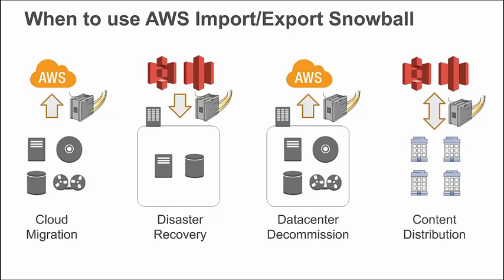I've heard customers talk about mines in the Congo, off-site filming locations, and even boats in the ocean. Of course, you can also upload your own content using Snowball appliances and then share it with partners once it's stored in S3 or any of our other object storage services.